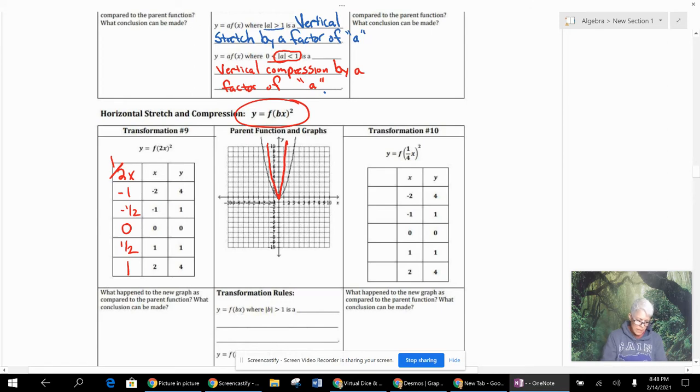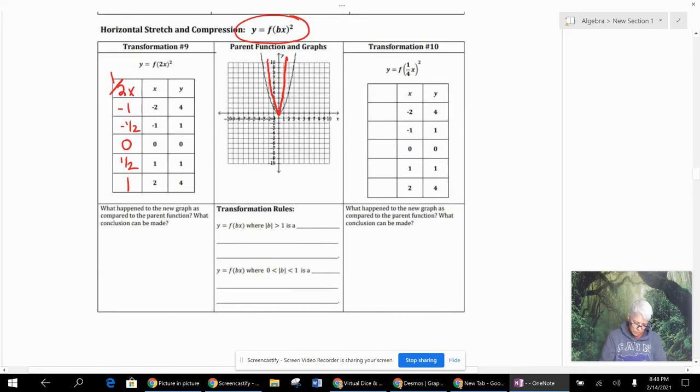And we call this a horizontal compression by a factor of, and this time it's the letter B, which just means whatever it is, okay?